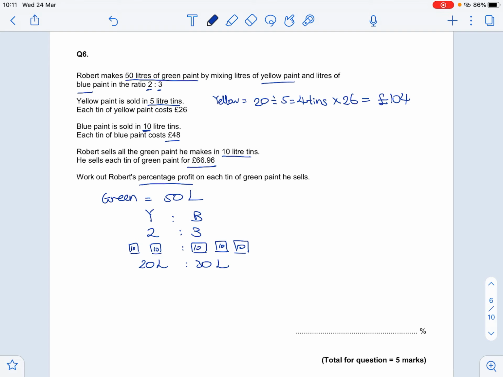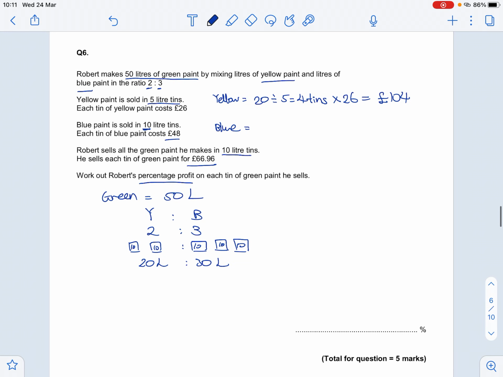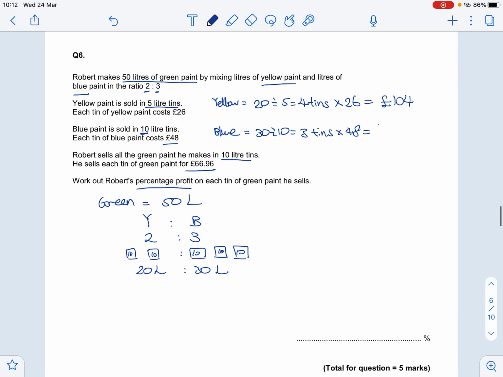Then look at blue. Blue is sold in 10 liter tins and he needs 30. So blue would be 30 divided by 10. So he needs to buy 3 tins. And each costs £48. So the total cost for blue paint is £144.